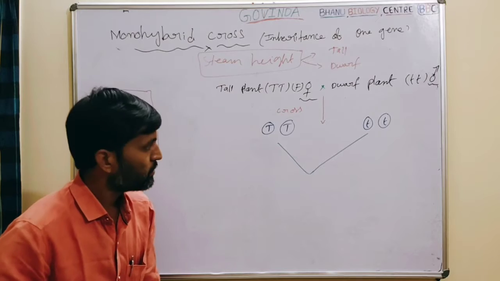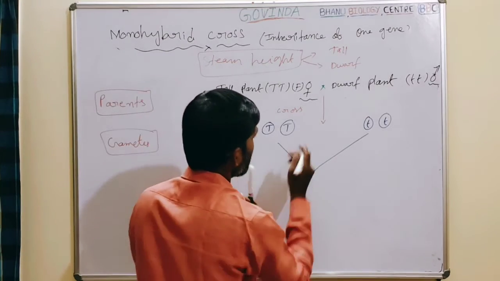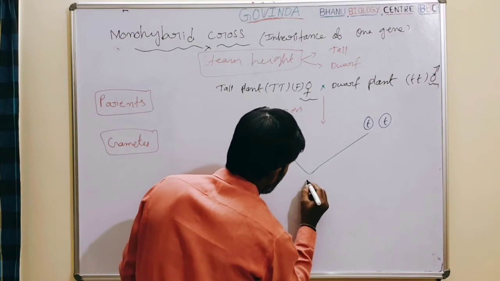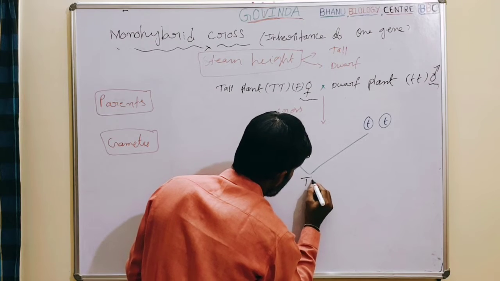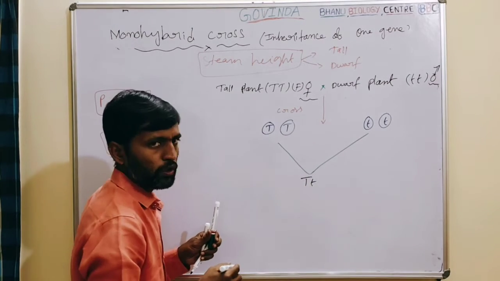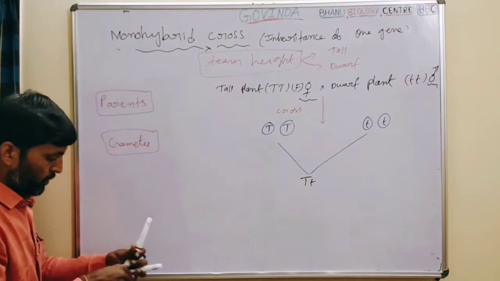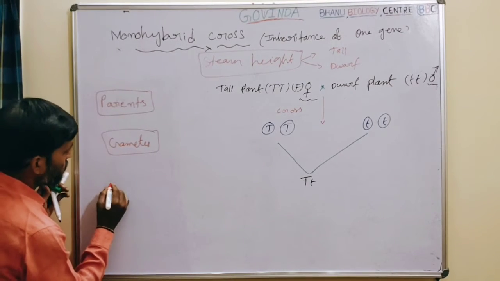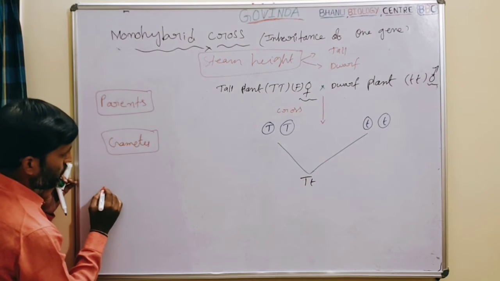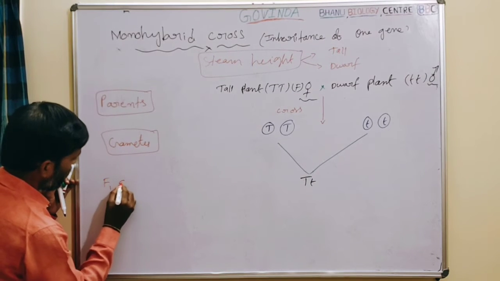So when we make a cross here, we get capital T, small t plants. This generation is regarded as the first generation, that is the F1 generation.